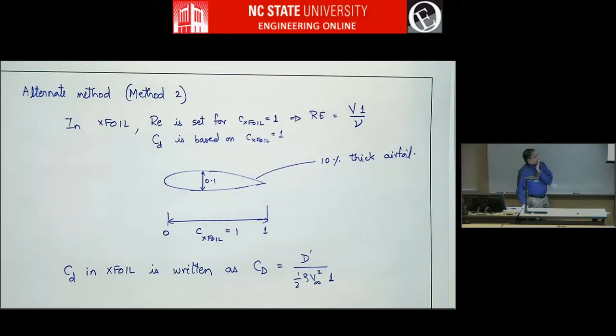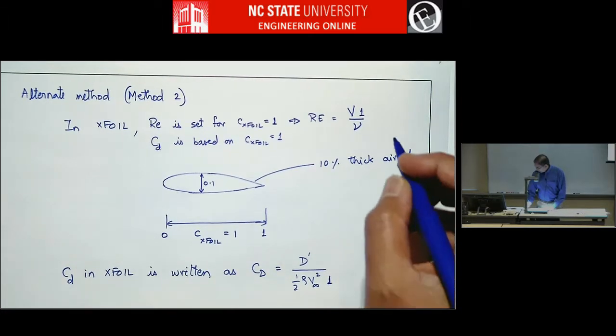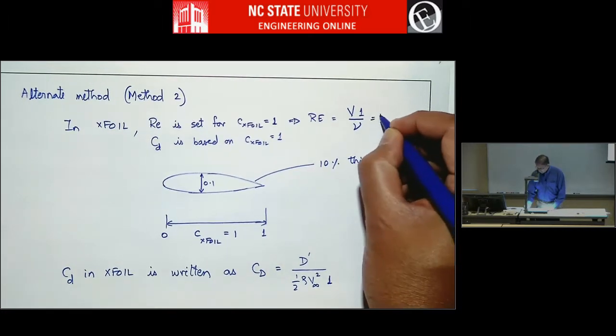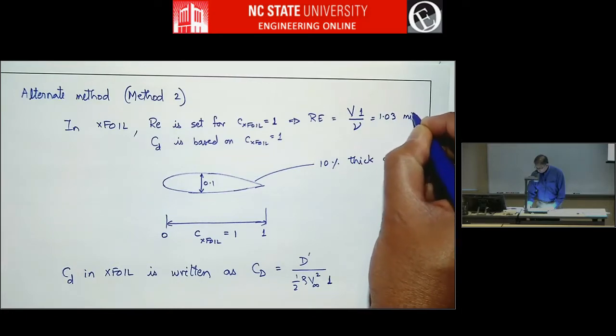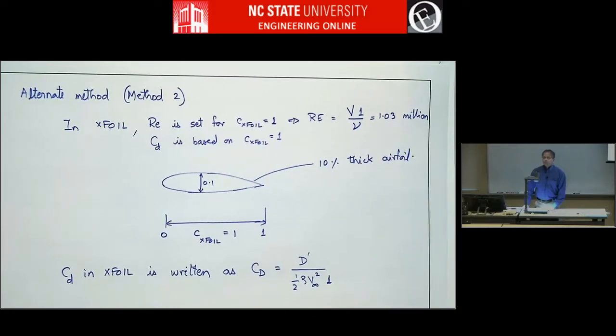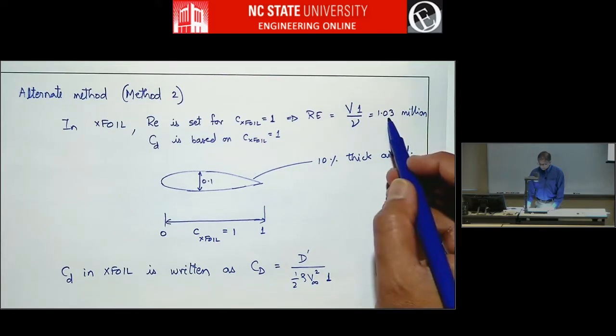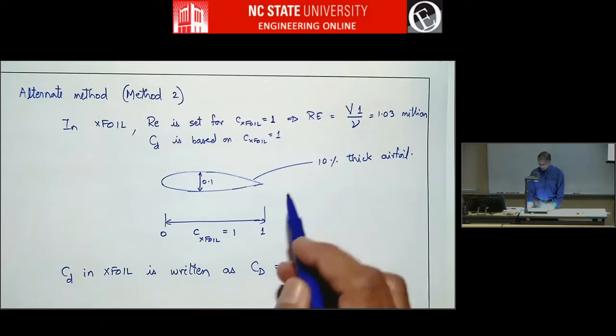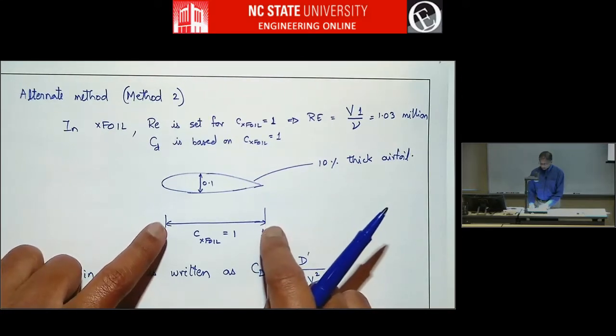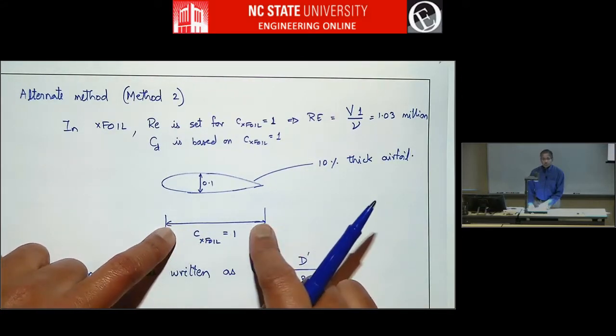In other words, if you set RE is 1.03 million, this 1.03 million is taken as the Reynolds number for a unit chord in X-foil.